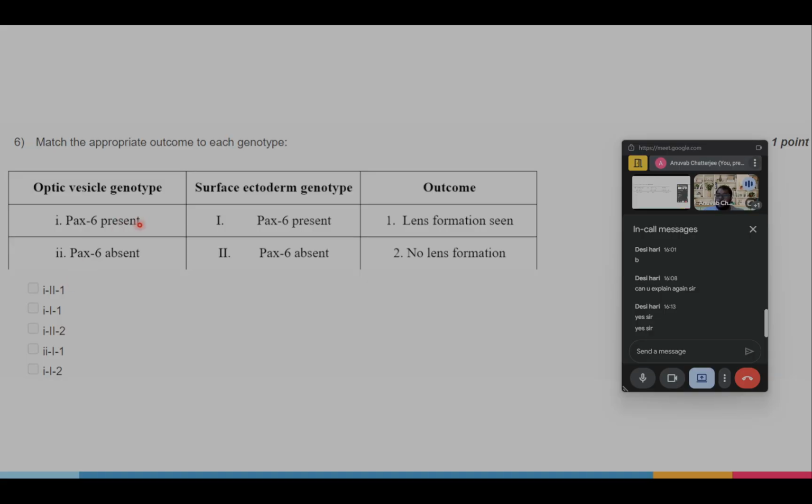For example, should it be PAX6 present in both of them, and lens formation occurring? The only thing we are interested in is that it causes competence. So I will let you try and figure it out. I'll give you a minute for this because there are a lot of options.